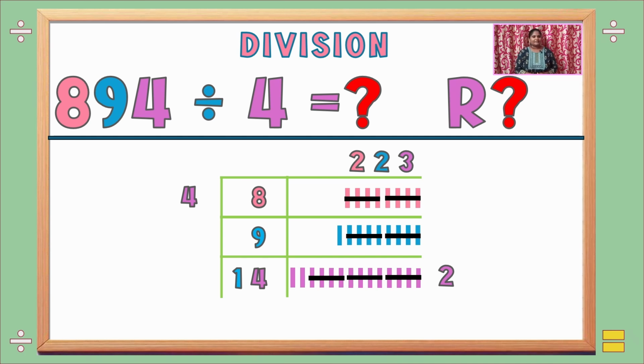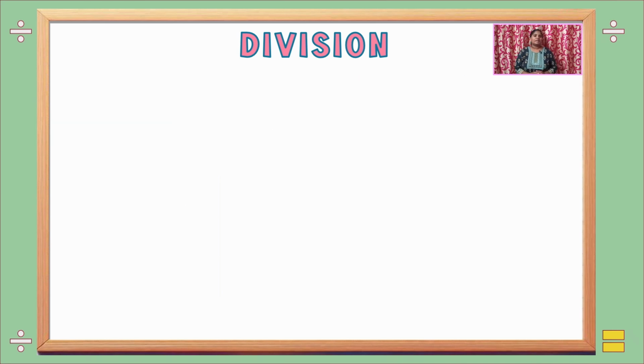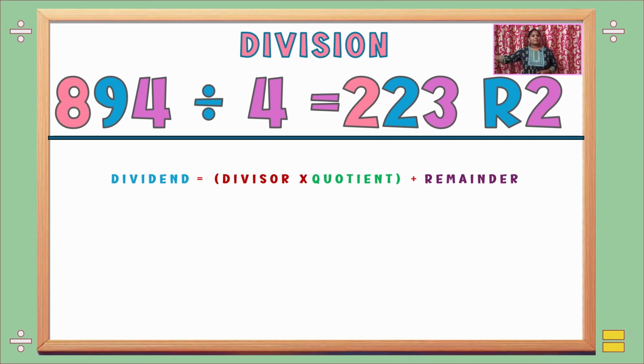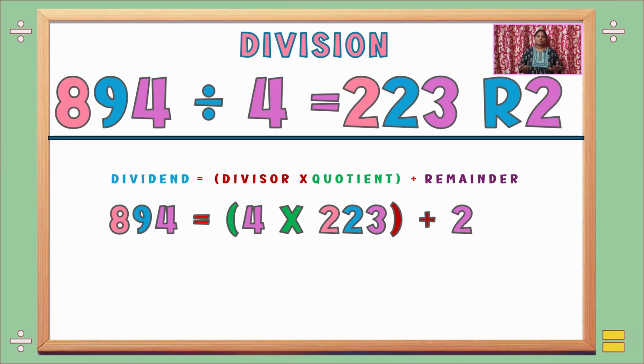Shall we see whether this is a correct answer or not? Let's take a formula: dividend equals divisor into quotient plus remainder. Now the dividend is how much? 894. We can say dividend with either the British English or American English pronunciation. Now what is the divisor? Divisor is 4.